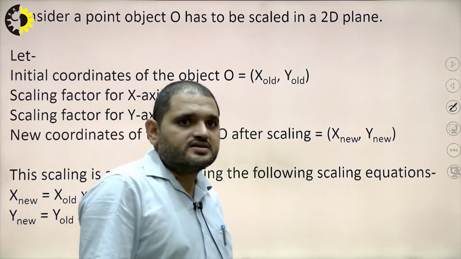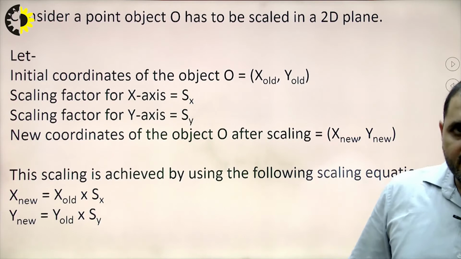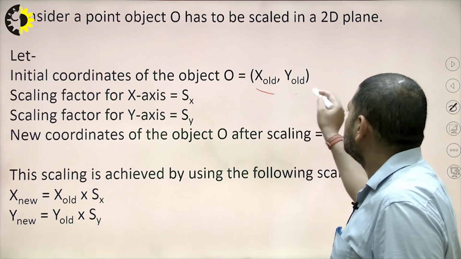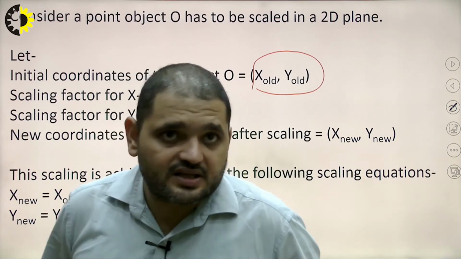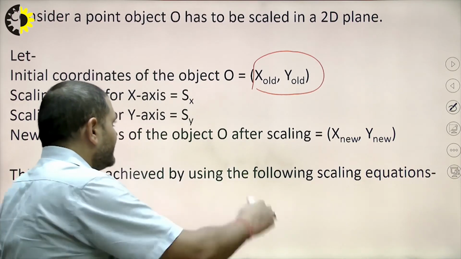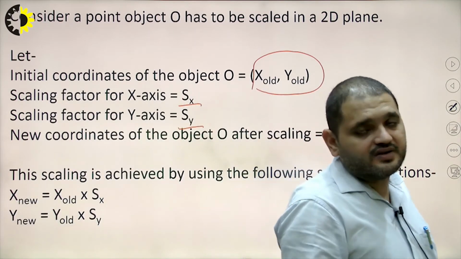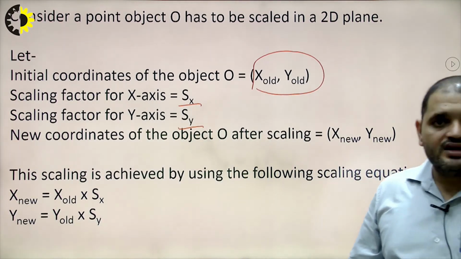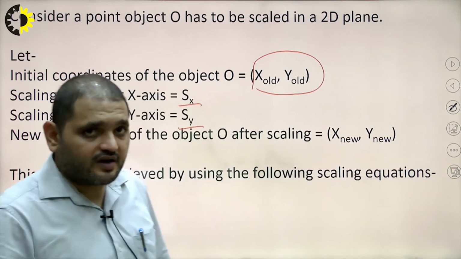So again we consider a point; in the system the point coordinates are x old and y old. Now the scaling factor in the x direction is sx and in the y direction is sy. Multiplying these scaling factors with the old coordinates will give us the new coordinates after scaling.